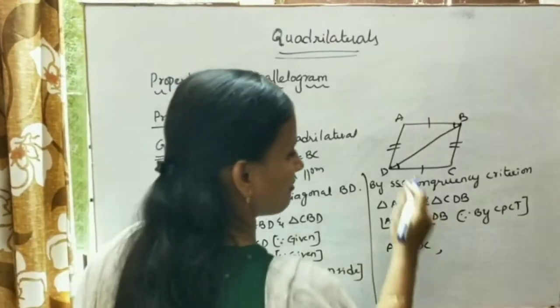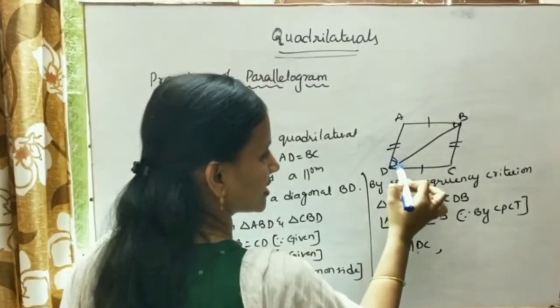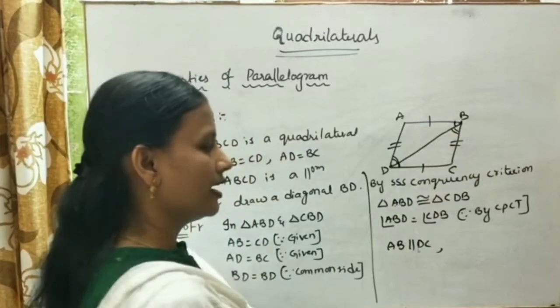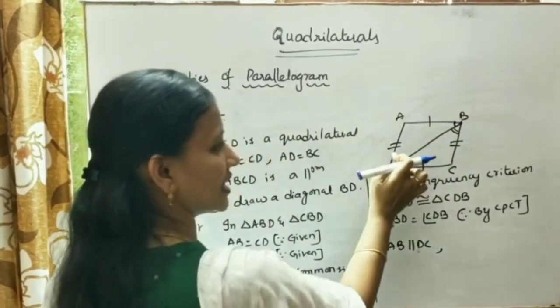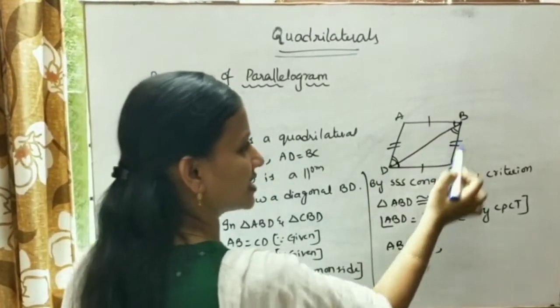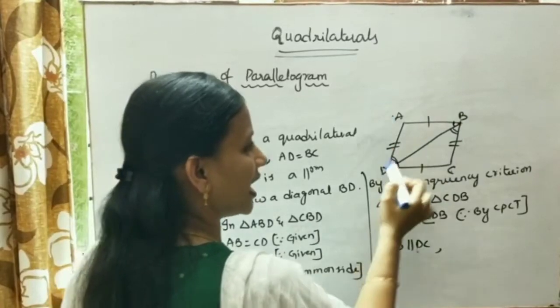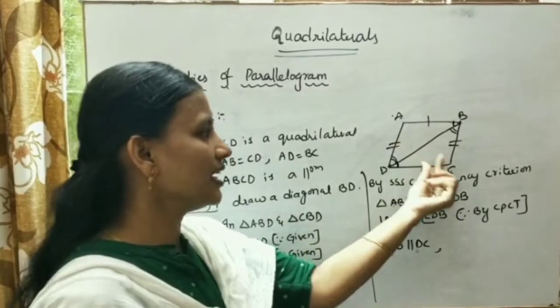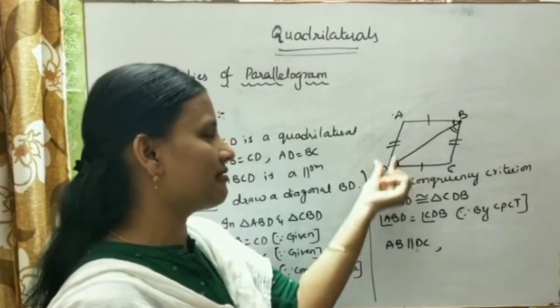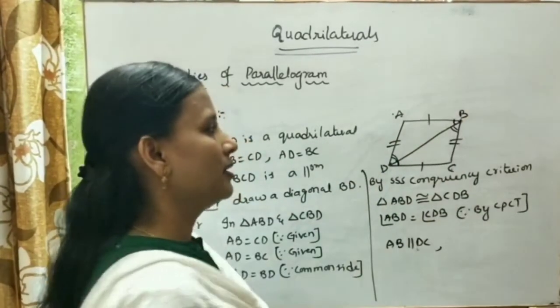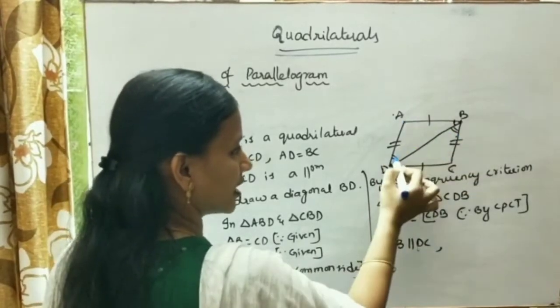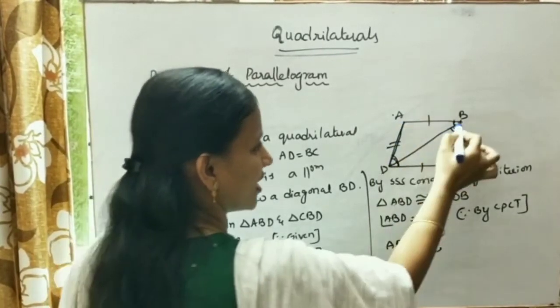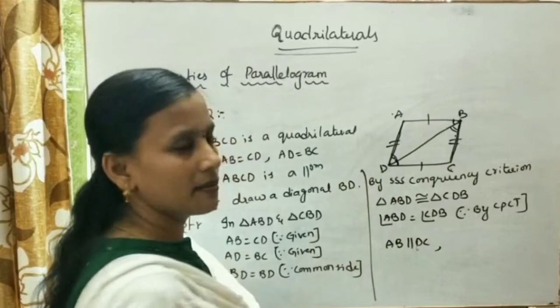Similarly we can prove, by CPCT, angle CBD is equal to angle ADB. If these two alternate interior angles are equal, then these two lines are parallel.